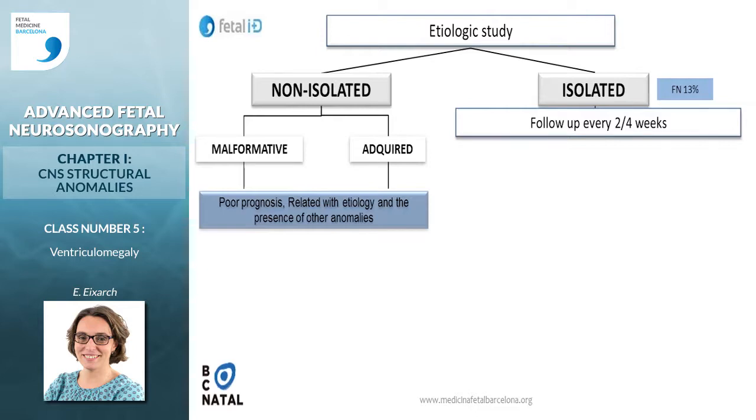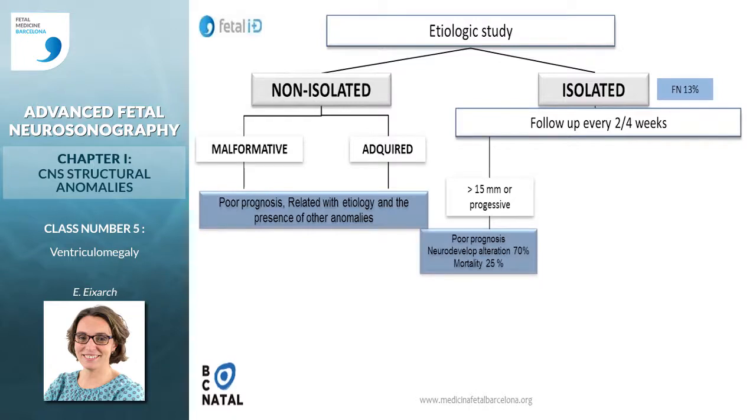In case it is severe or progressive, we should tell the parents it has an unfavorable prognosis with neurological alterations in 70% of cases and perinatal mortality in 25% of cases. If it is a stable and moderate ventriculomegaly, we will tell the parents about the favorable prognosis in 70 to 80% of cases.